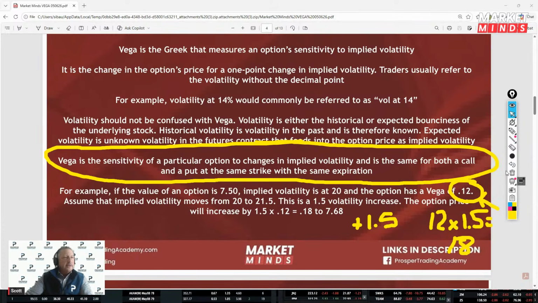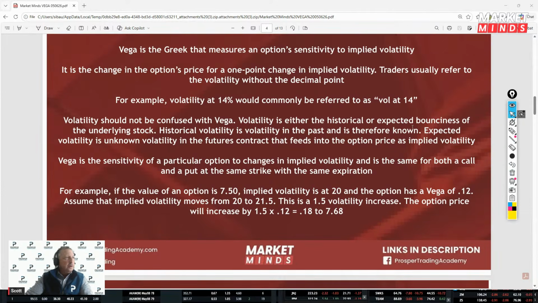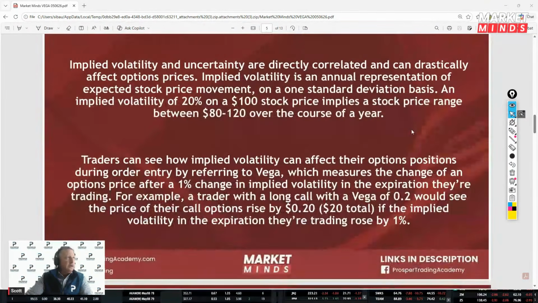So let's take this a step further. As we know, implied volatility and uncertainty are directly correlated. We talked a lot about this yesterday. Implied volatility moves on supply and demand. The more uncertain any situation is, the higher the pricing.